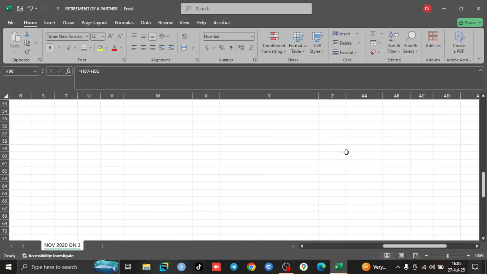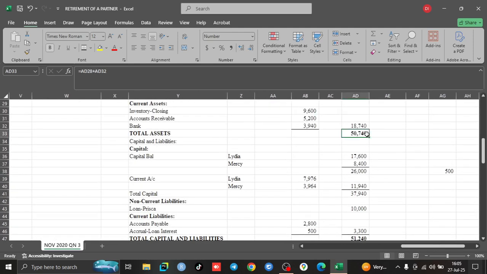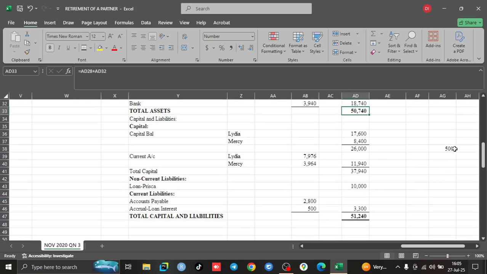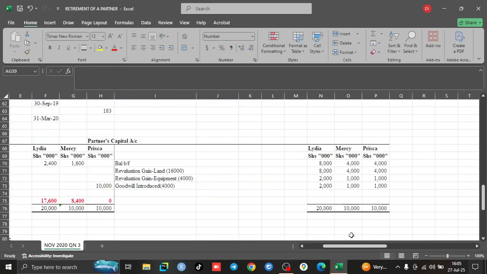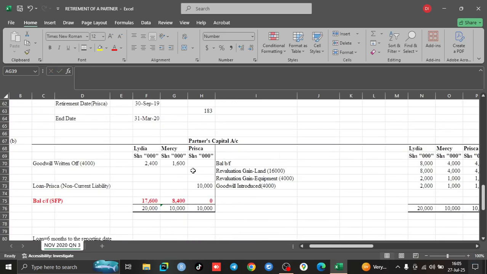$51,240 but this here is 5740. So there is an issue. The issue that is arising is with regards to the amount due to Priska. The amount due to Priska is supposed to be the difference in her current account. Oh, I know what I did again.